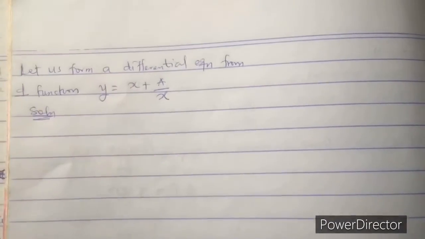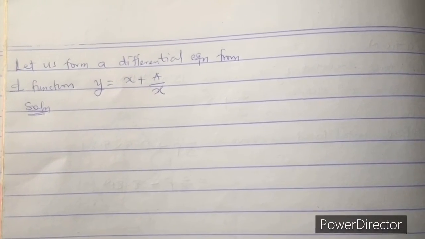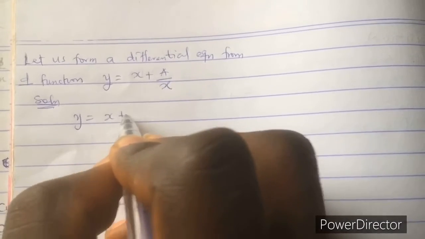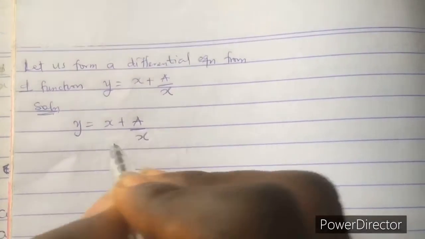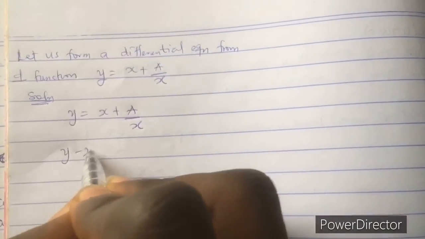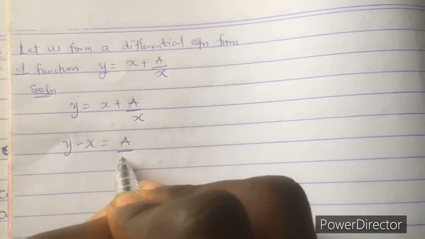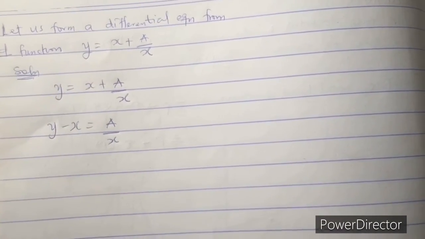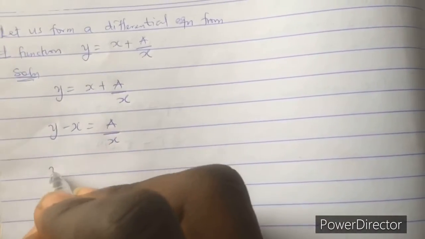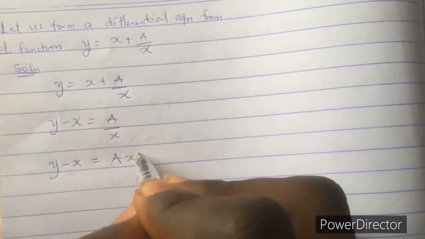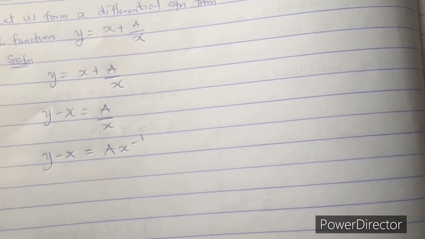What is expected of us is that we just say y equals, okay, let me write this out. Now we can just bring this x to this side. That will be y minus x equals a all over x, and afterwards you can represent it as y minus x equals a x power minus 1.